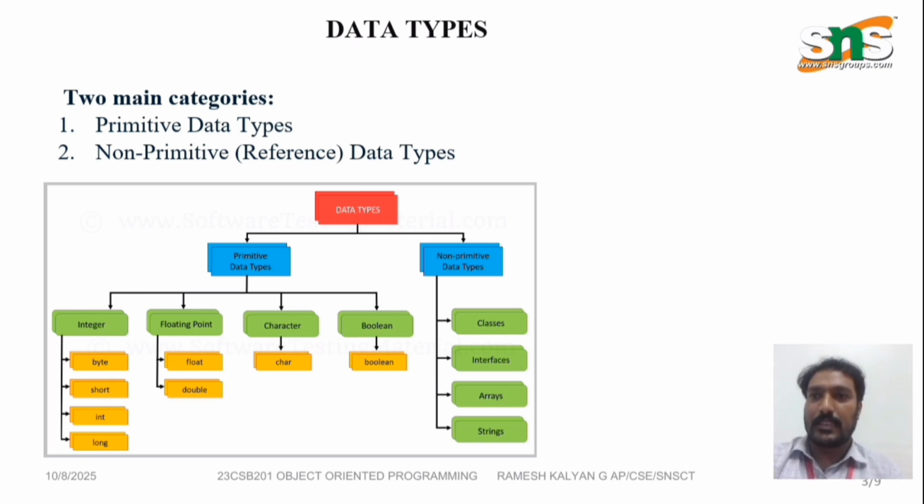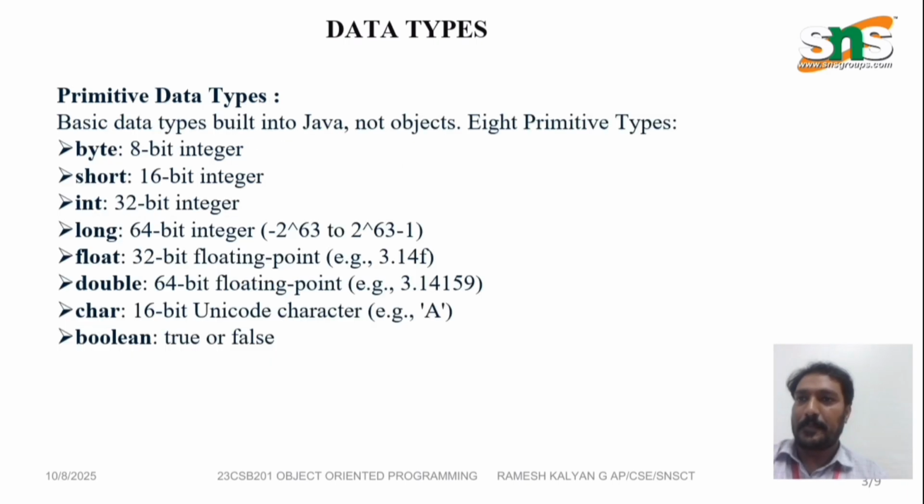And next one is character. These are the general alphabets we use in a program, for example character A, B, or C. For this reason we use the data type called character. And next one is boolean. We'll be seeing this in the next slide.